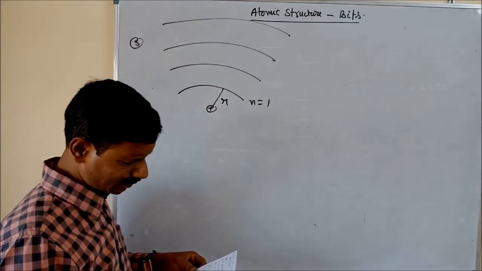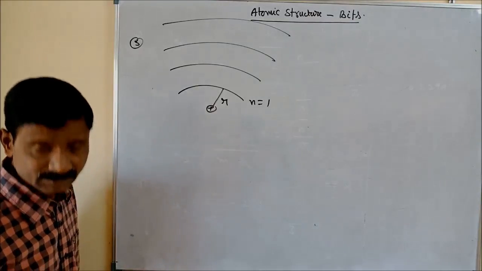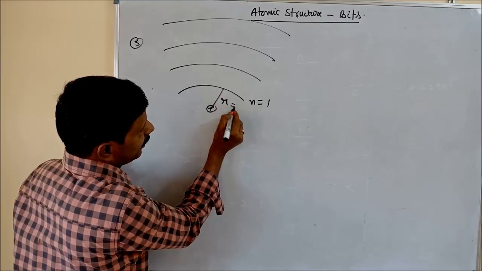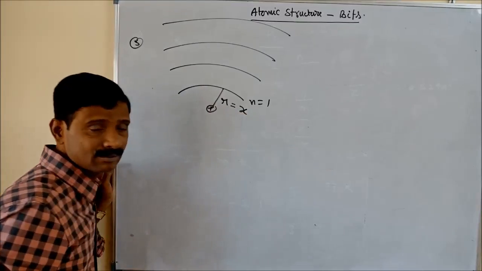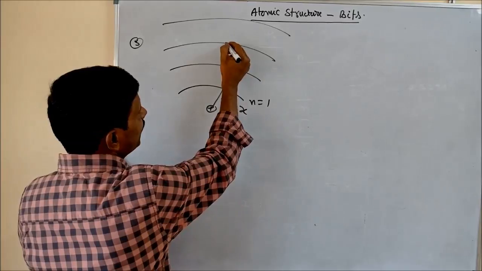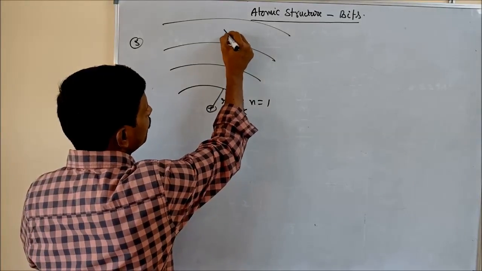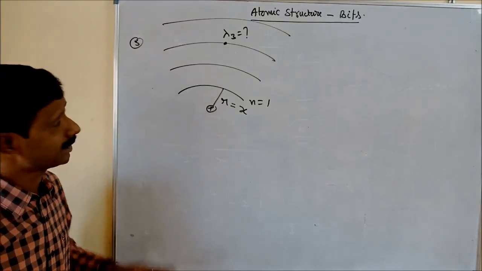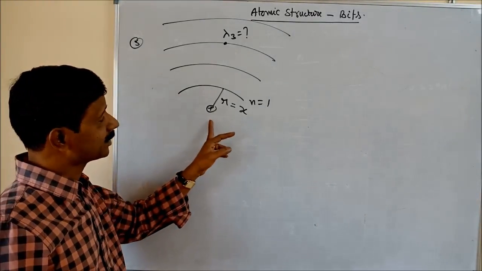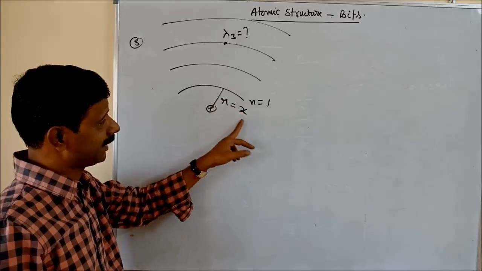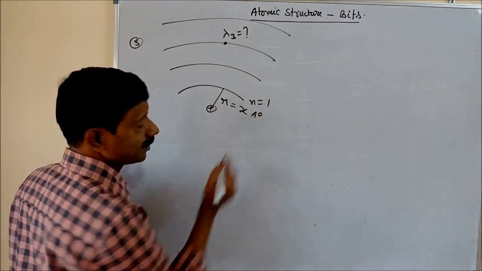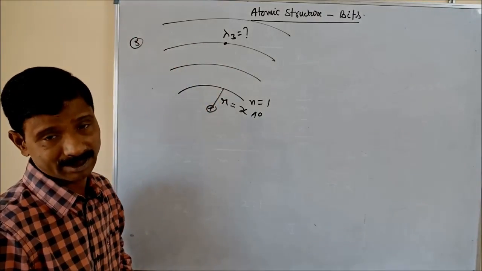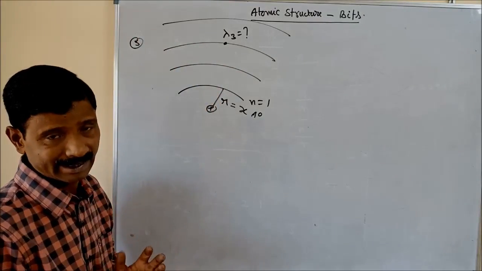Here they are asking not the circumference but the wavelength. If the radius of the first orbit of hydrogen R equals x, then if the electron is in the third orbit, what about its wavelength? Once again I am repeating: if the radius of the first orbit of the hydrogen atom is x angstroms, then what is the wavelength of the electron if it is in the third orbit? That we have to analyze.